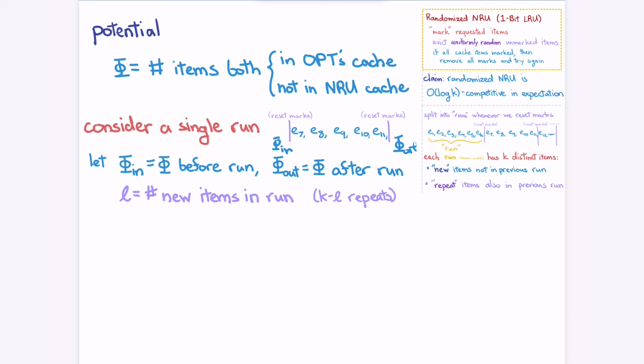Let's say L is the number of new items in the run, and k minus L are repeating. The first claim is that OPT will always miss at least L minus phi in. Why?